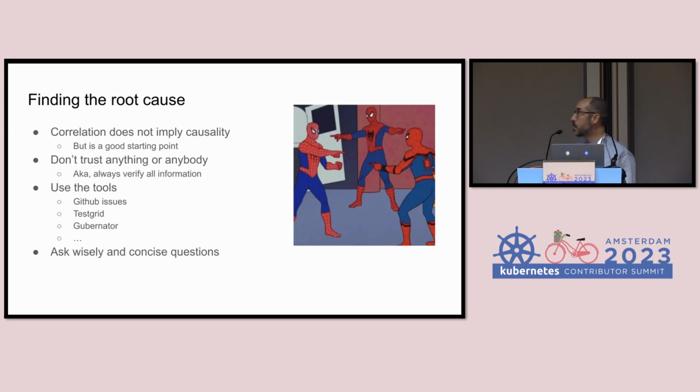Assumptions are dangerous if they are wrong, because you may be starting from an erroneous starting point. So all the reasoning from that point onwards is not going to solve anything. So double check everything, and then use the tools.